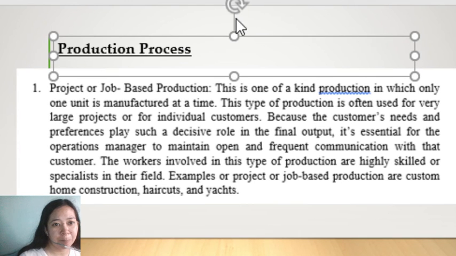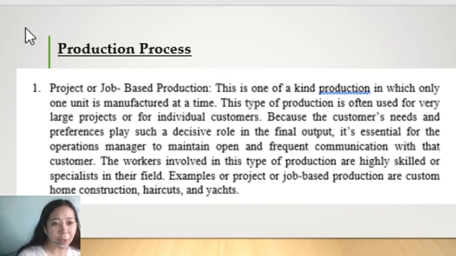The first classification is the project or job-based production. This is one of a kind of production in which only one unit is manufactured at a time. Meaning what is demanded or ordered will be produced. Without demand, without order, no production.